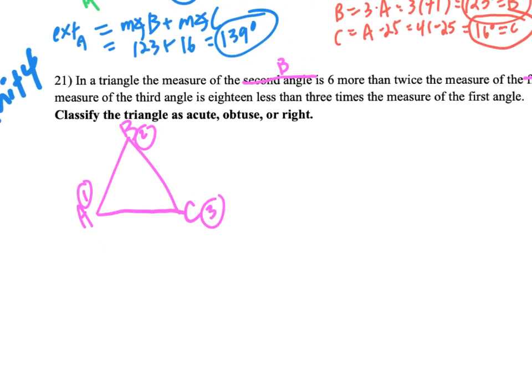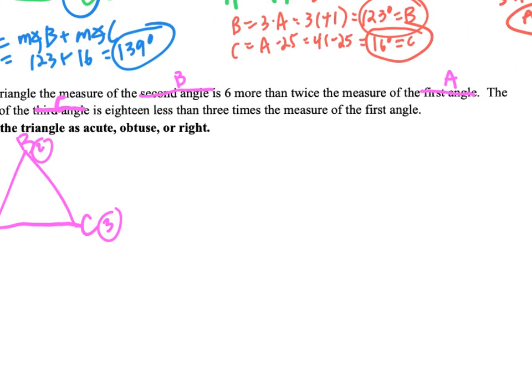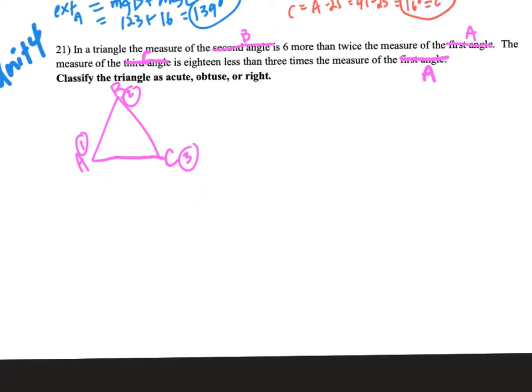And then the measure of the third angle, scratch that, this is angle C, is 18 less than 3 times the measure of the first angle, call that angle A. Okay? So then I want to classify the triangle as acute, obtuse, or right. And I can't really do that until I know what those angle measures are. So let me actually create those algebraic expressions so I can solve for each of my angle measures, okay?